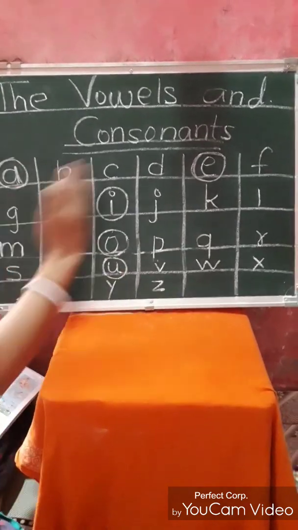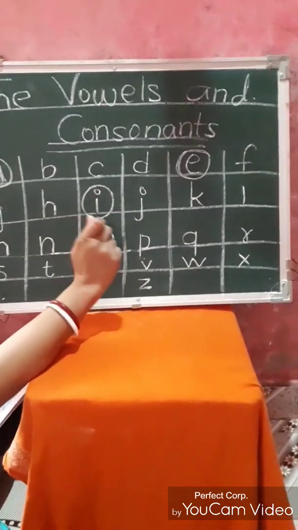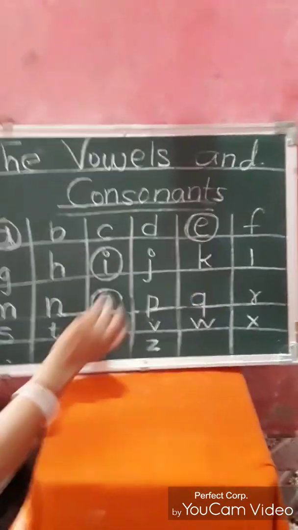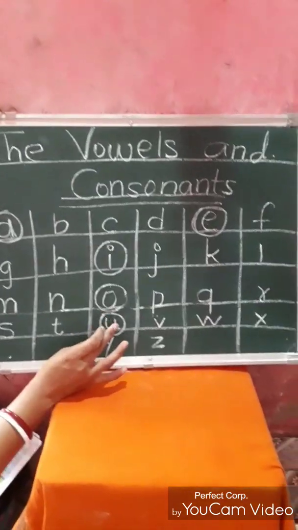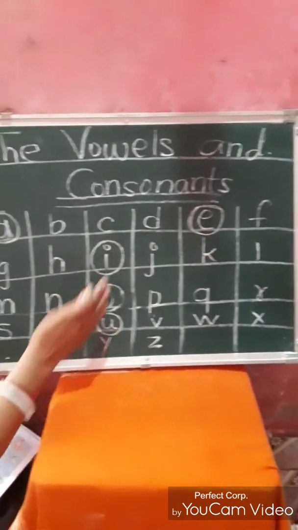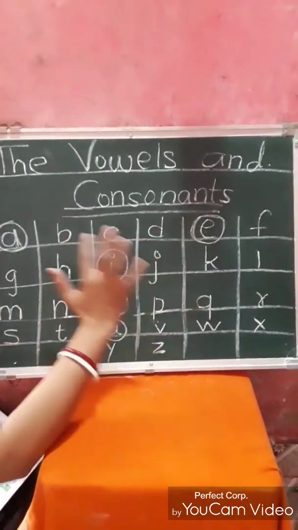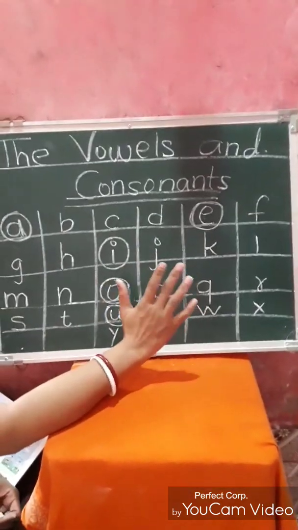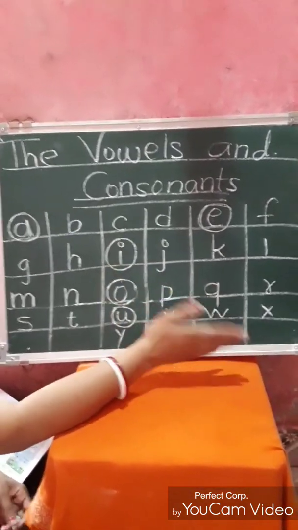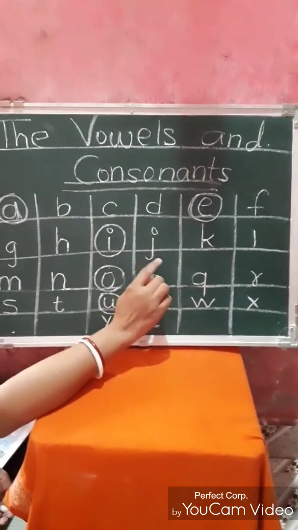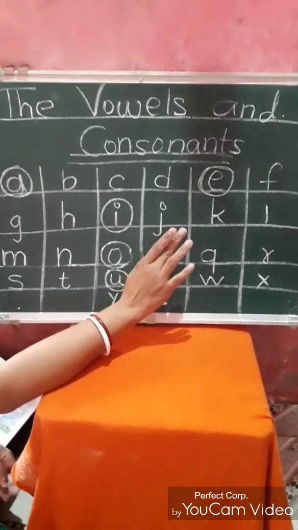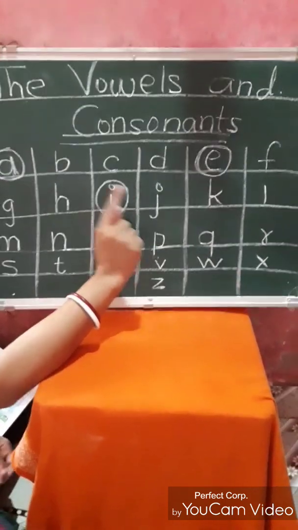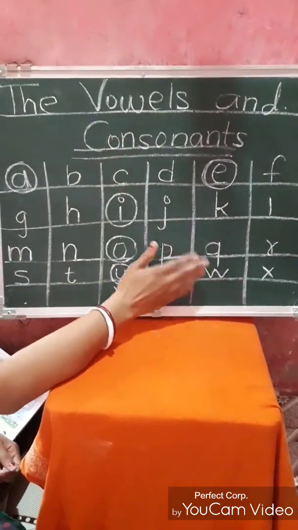So by circling we come to know that A, E, I, O, U, these are all the vowels. These are the 5 letters of the vowels, and the remaining are consonants. In the next step we are going to take some more examples to clear our concept more about the vowels and the consonants.